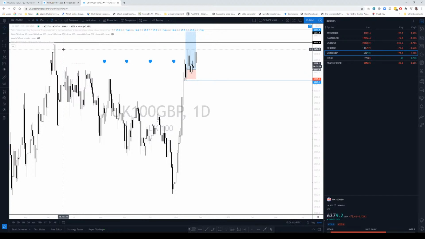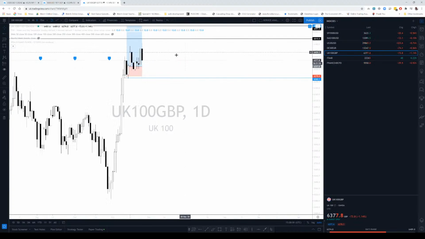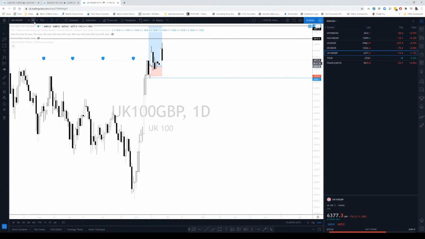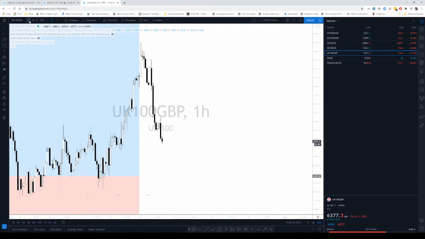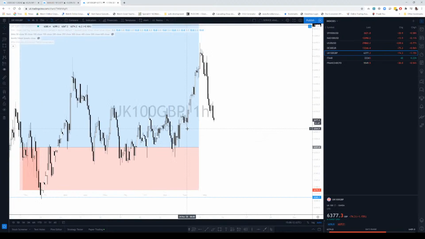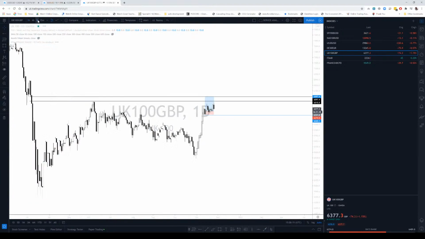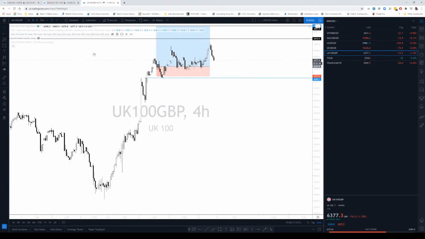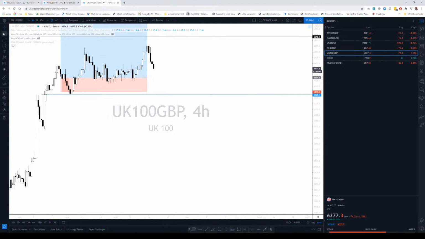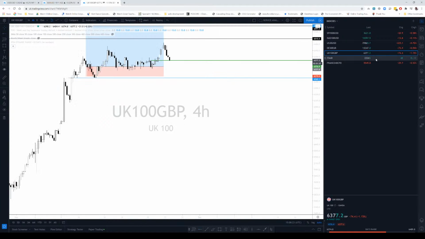It's been to the main threshold. That's not the rejection, so we should go higher again. Should bounce off from this down candle and continue going higher.